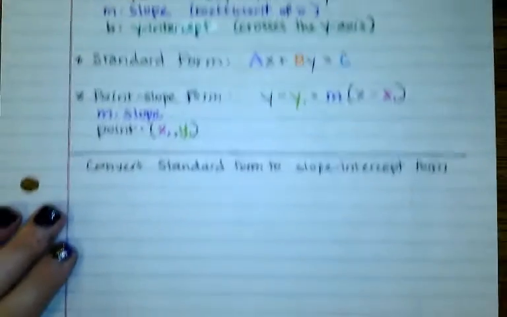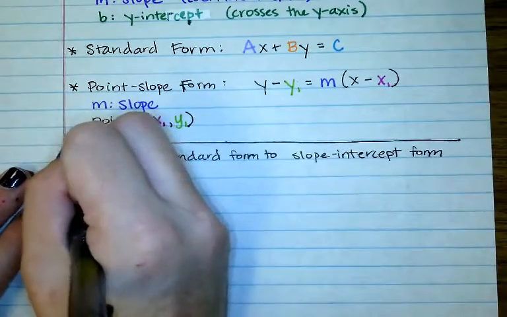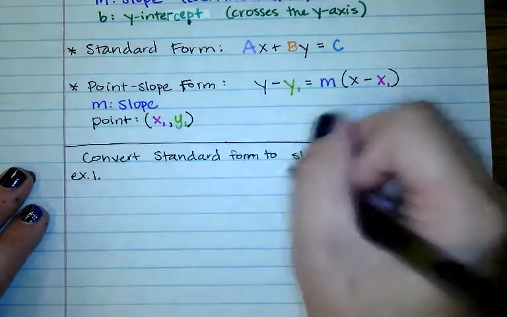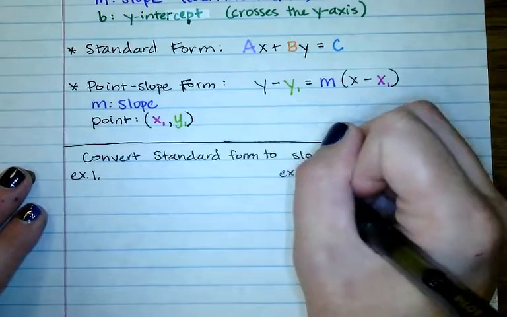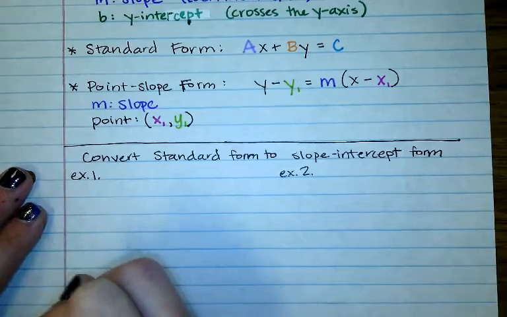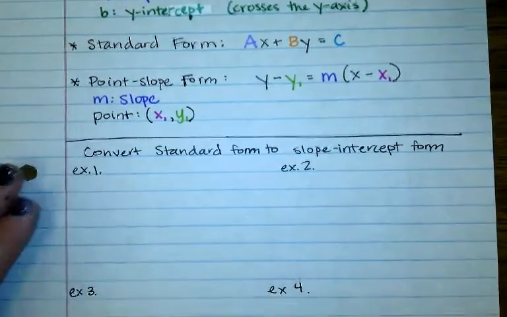If you want to convert from standard form to slope-intercept form, we're only going to do 4 examples on this, okay? So we're going to do example 1, and then I'm going to do example 2 over here, okay? I'm going to kind of go halfway, example 3, and example 4, okay? So we're just going to have 4 little examples down here.